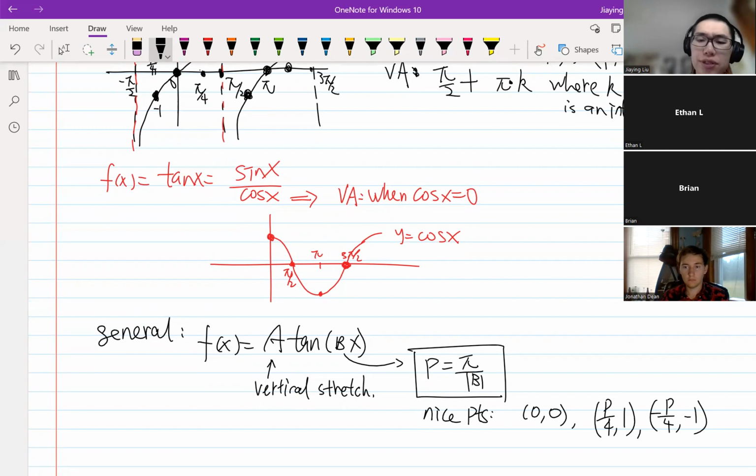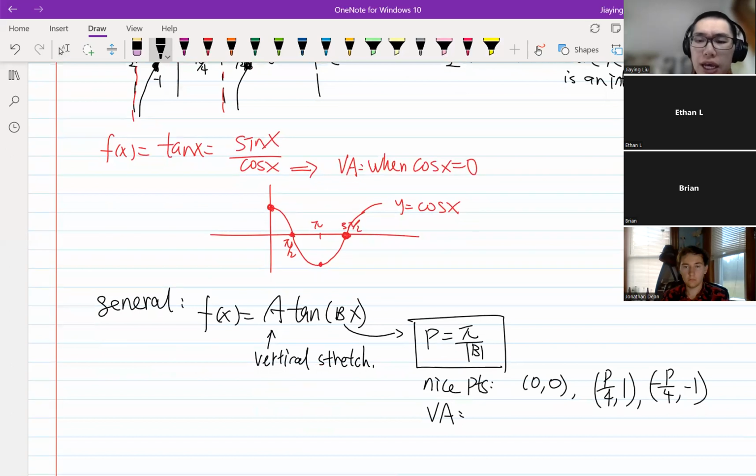The vertical asymptote is going to be a little bit different in the general formula. The vertical asymptote is going to be at the period over 2 plus period times k.